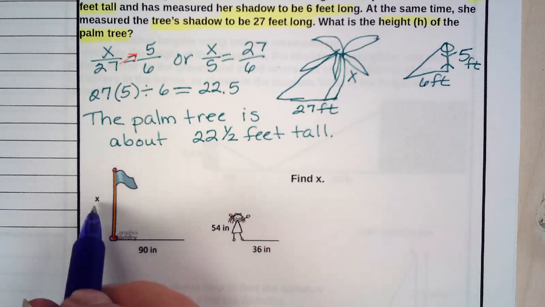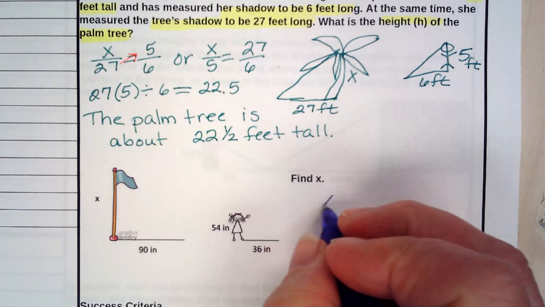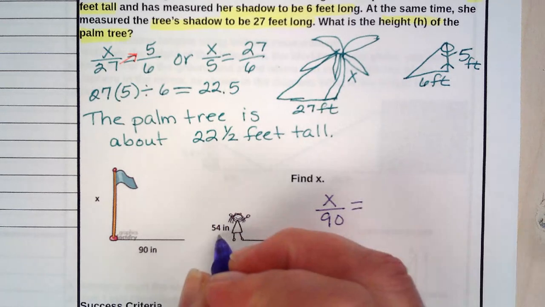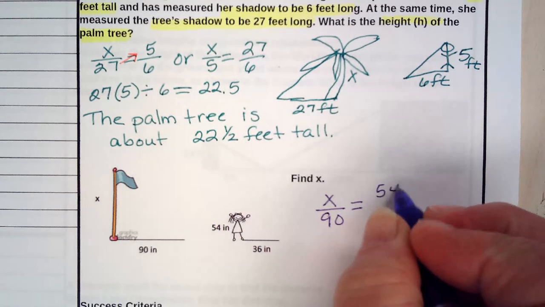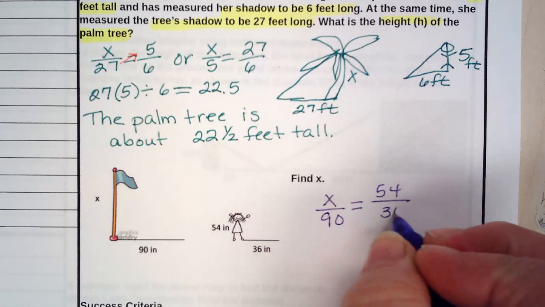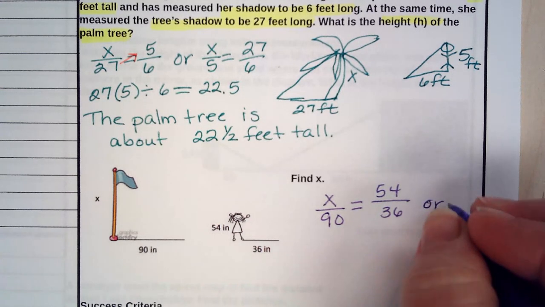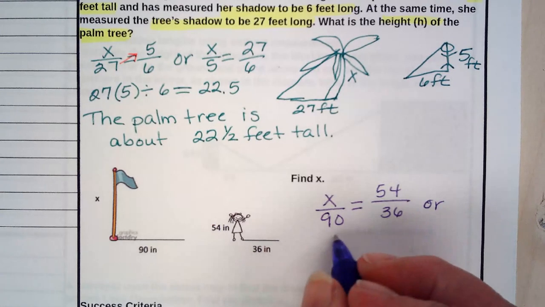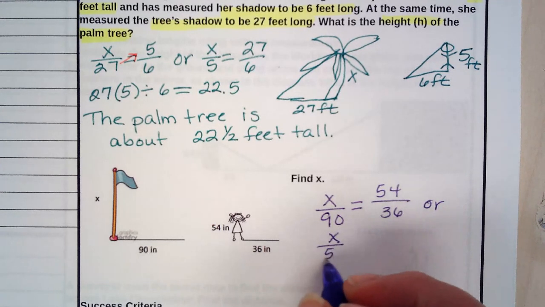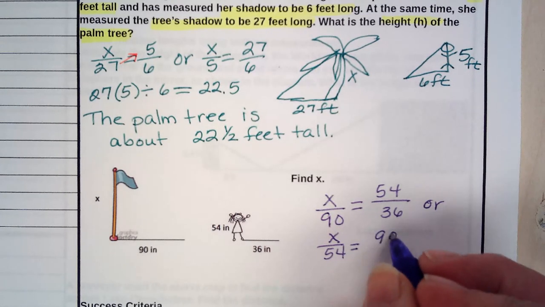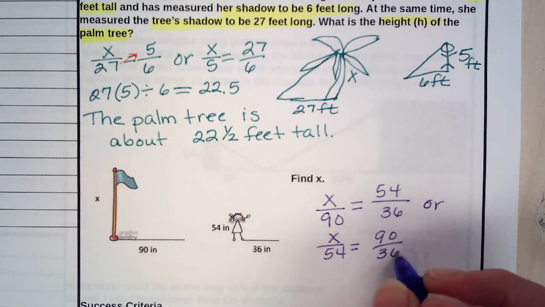So, to go from side to side would be X over 90 is equal to 54 over 36. To go from triangle to triangle, X over 54 is equal to 90 over 36.